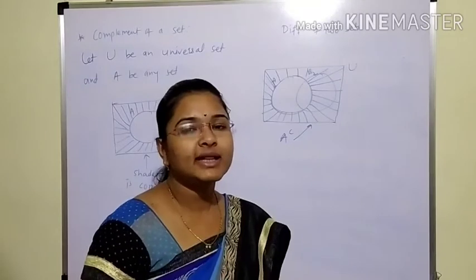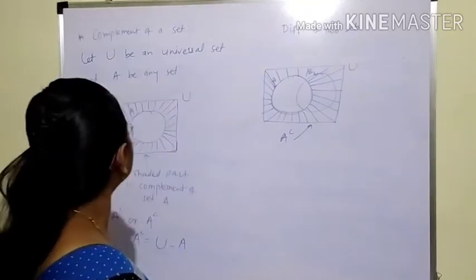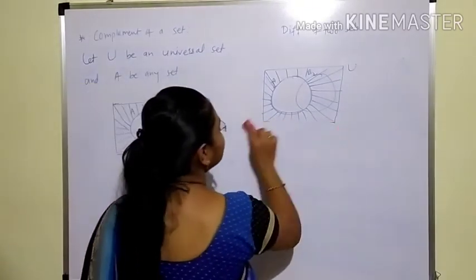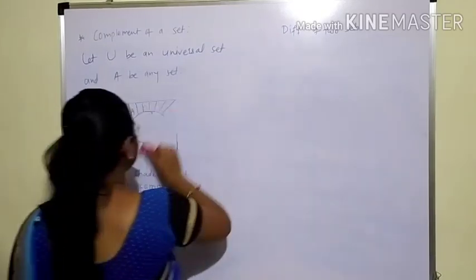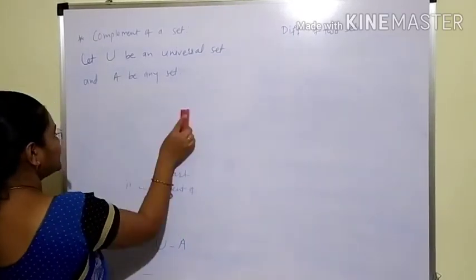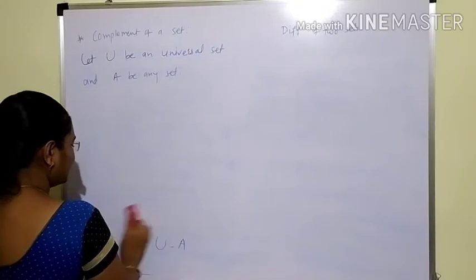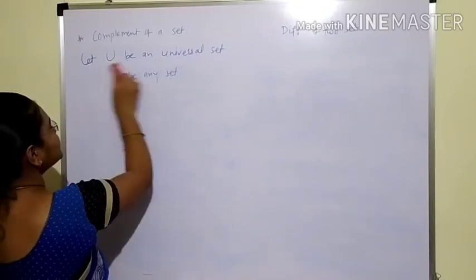So we can define the complement of a set as a set which is contained by the universal set.